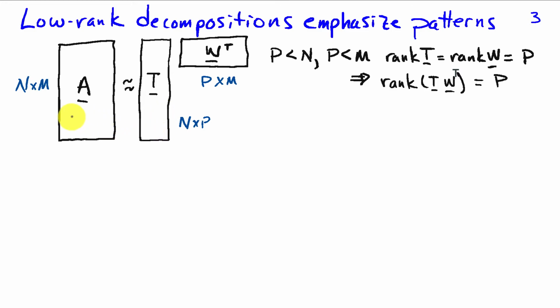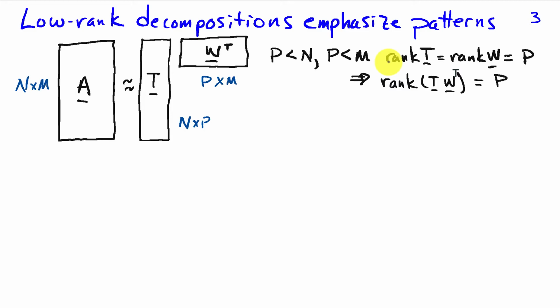So let's take an n by m matrix A, so it has n rows and m columns. A low-rank decomposition represents that matrix as the product of an n by p matrix T and a p by m matrix W transpose. In general, p is going to be less than n and p is going to be less than m. Oftentimes, p will be significantly less than both n and m.